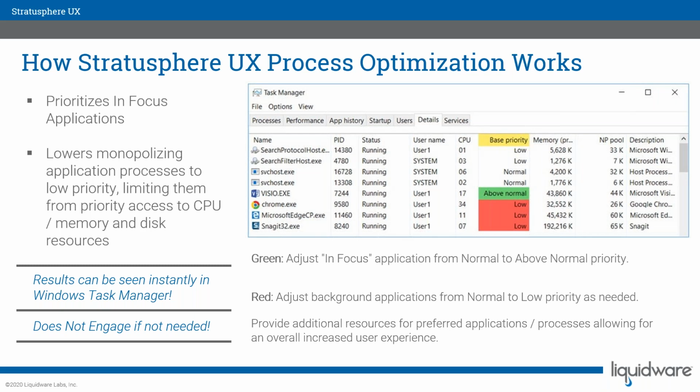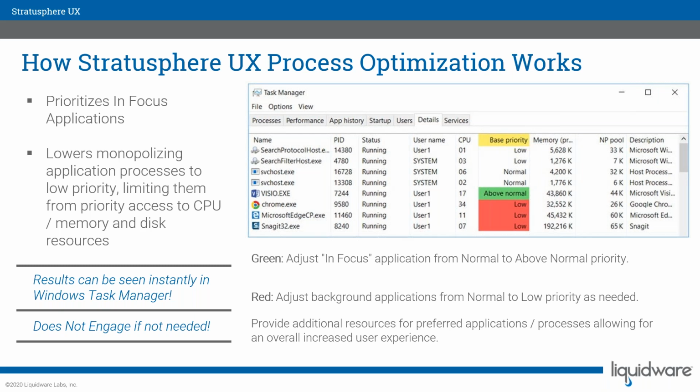So we're going to optimize the processes and the memory in Windows. It doesn't matter where it's running, if it's running on a laptop or in the Amazon cloud, we don't care. It's Windows.